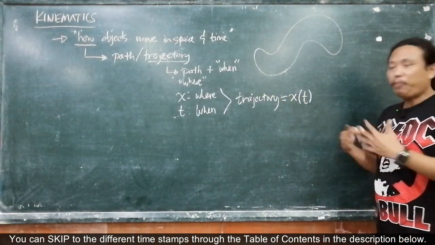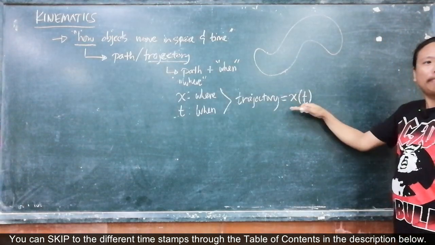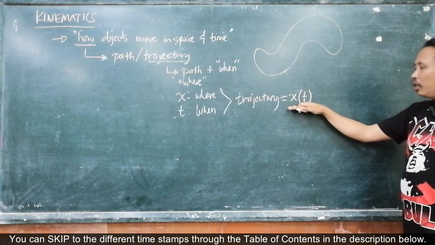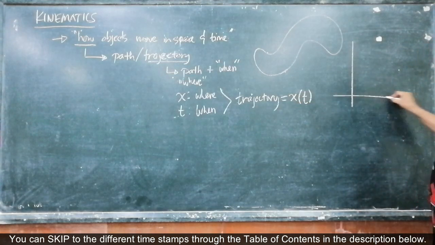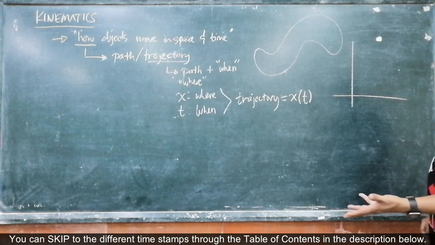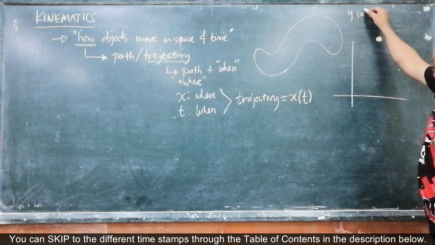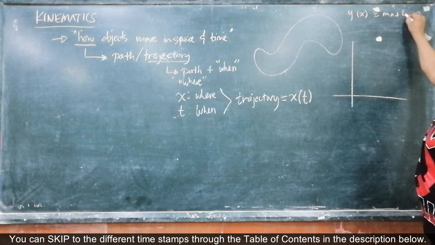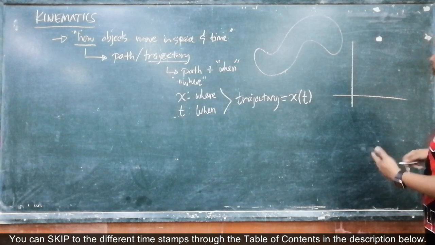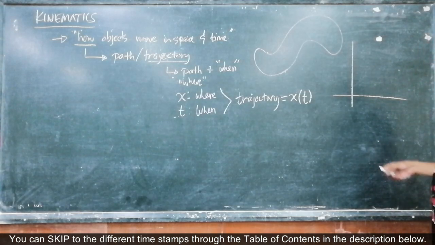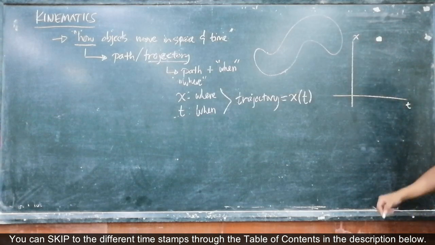This is a mathematical assurance that we can indeed construct a space. Just like if you have the line represented by y of x, which is equal to mx plus b, this is y as a function of x. We can actually construct x as a function of time. So here, this will be the time axis, and this will be the x axis.